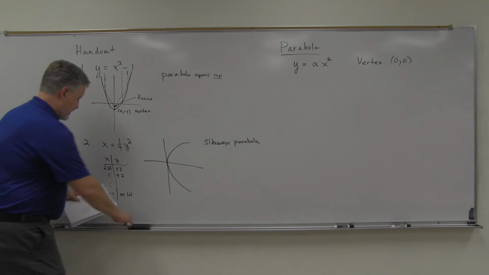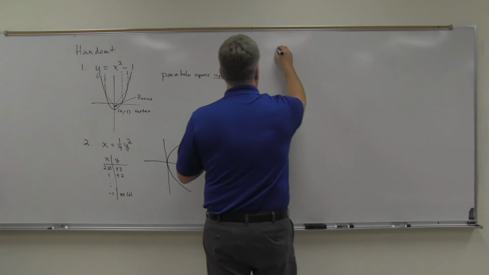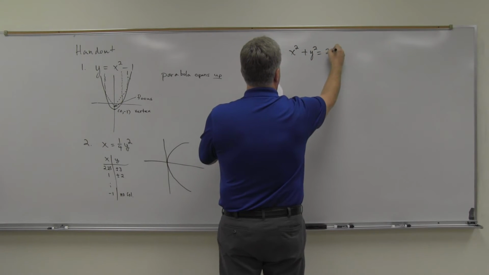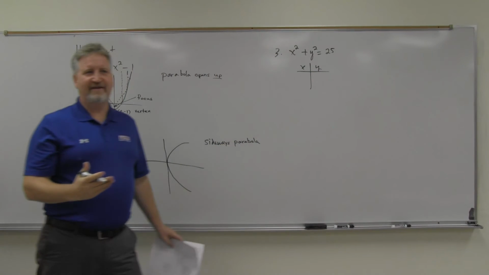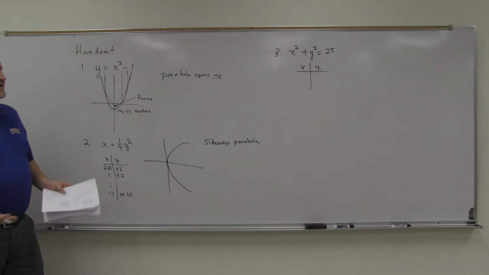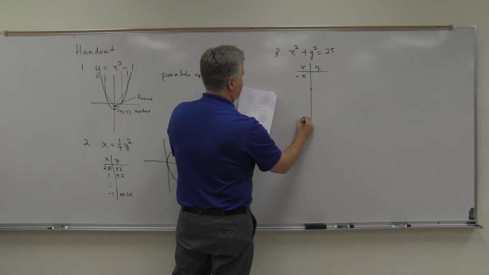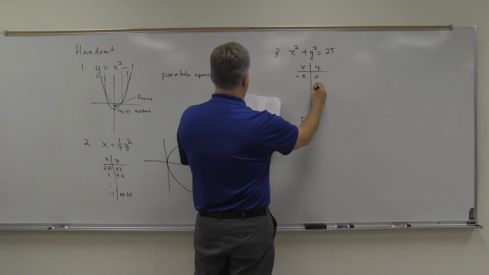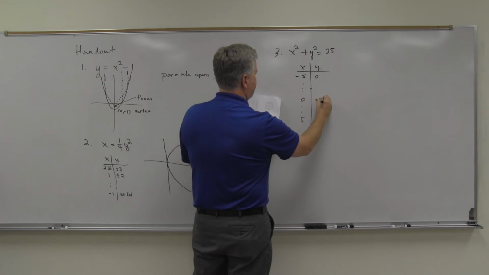All right, number 3, what shape do we have there? It's x squared plus y squared equals 25. Again, I did this the hard way because we haven't talked about it at all, but I did all those points, from -5 down to +5, and 0.